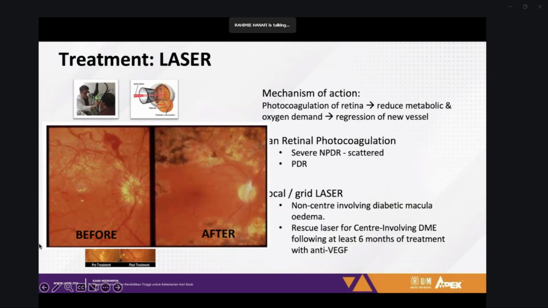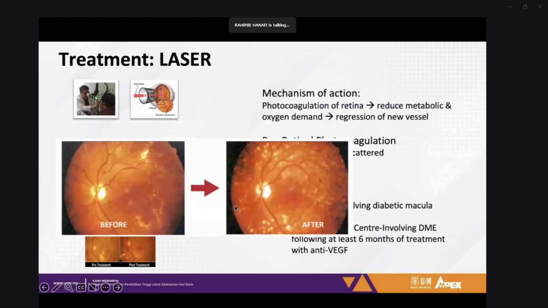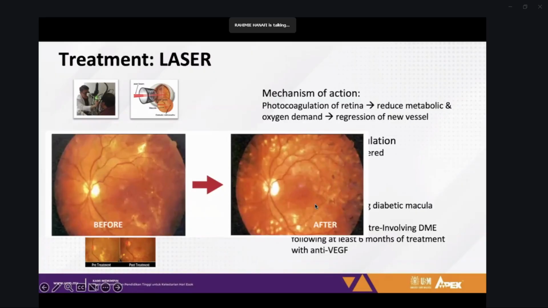Okay, so this photo shows a very prominent new vessel over the temporal arcade that regressed after laser treatment, and you can see the laser marks over here and regression of new vessels. And this is when there are new vessels at the temporal regions and also hard exudate.